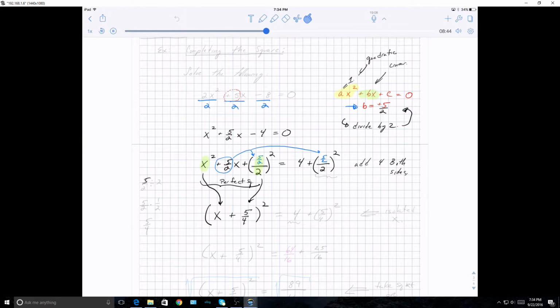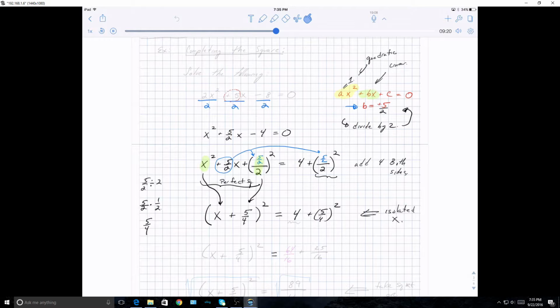Well, 5 halves divided by 2 is the same thing as 5 halves times 1/2, which is 5/4, just in case. So we're going to leave it in that form, but now we're just going to calculate this out, which is plus 5/4 squared. And now you can notice that we isolated x.